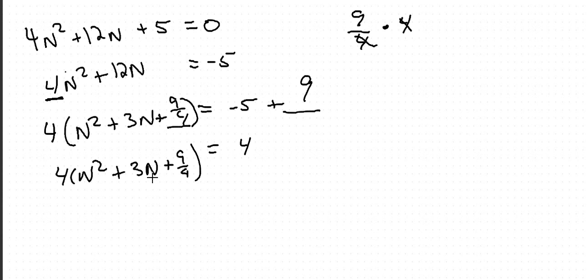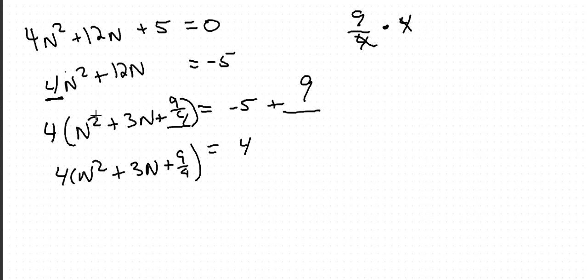Wait, why did we multiply the 4 by the 9/4 again? Because whatever is happening on this side of the equation, you have to do on this side of the equation. So when I add that number there, what is the 4 doing to that number? It is canceling the denominator out. It's multiplying, right?